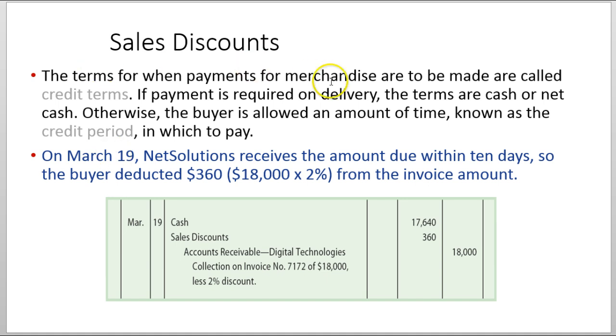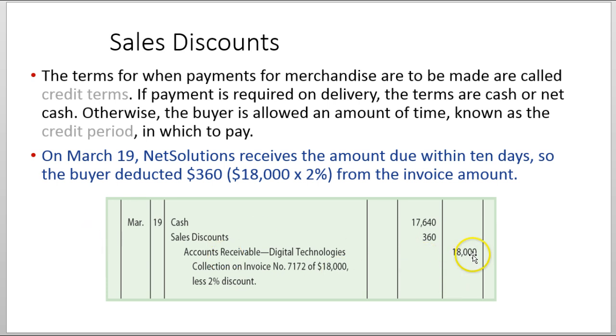Next, we look at sales discounts. Sometimes when we sell items, to get people to pay early, we will give them a sales discount. That's usually 2/10, net 30, where we're saying if you pay this within 10 days, we're going to give you a 2% discount. And these people did.